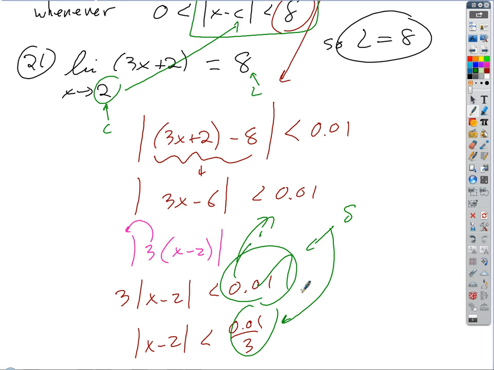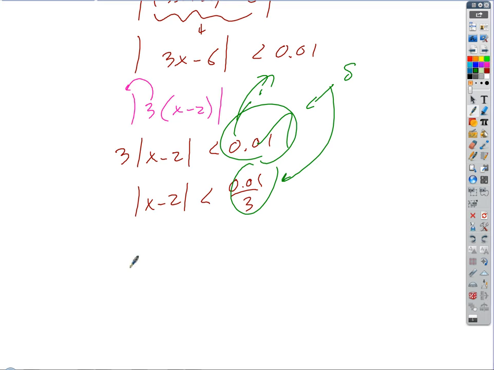Because here's my absolute value of x minus c is less than delta. That's the expression that I want to get. C is 2, so delta is 0.01 over 3.